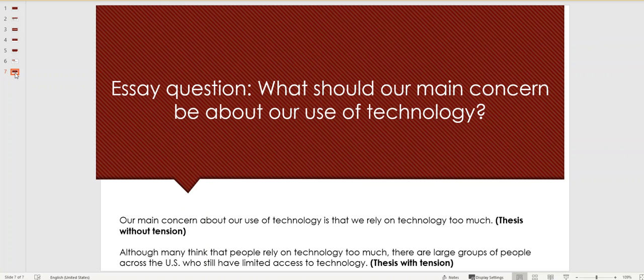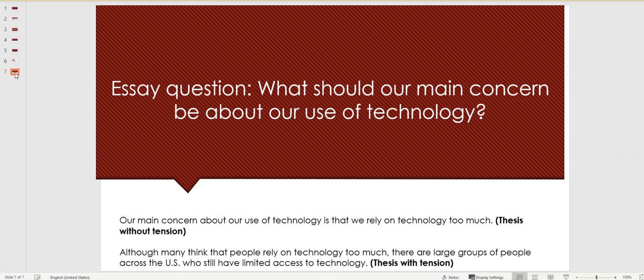I could have also still stayed on topic. So if I turn your attention back to this idea of our main concern about our use of technology is that we rely on technology too much, I could have still used that idea, but just added tension to it to make it more specific. I could have said something like, our main concern about our use of technology is that we rely on technology too much, and it has impacted our attention spans.